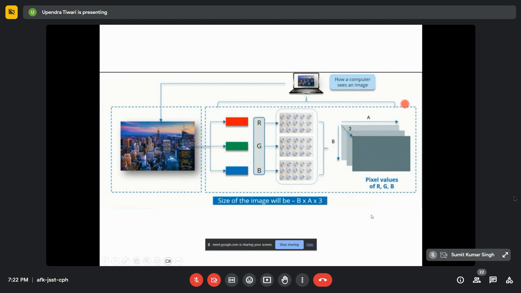Say here B cross A, where B is the height of the image, A is the width, and the 3 says that we have the RGB channels. When this is 1, it means it is a grayscale image. So either we have colored images or grayscale images.